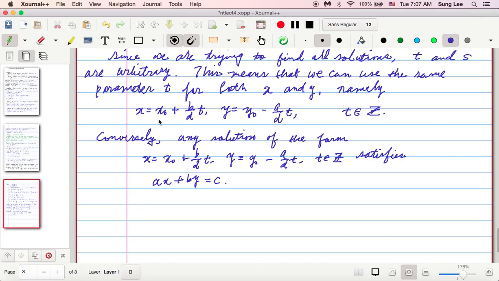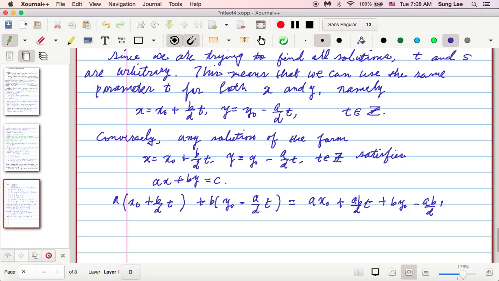And by the way, this can be easily seen. So a times x naught plus b over d times t, plus b times y naught minus a over d times t, equals a x naught plus a b over d times t, plus b y naught minus a b over d times t, and these two terms cancel out.